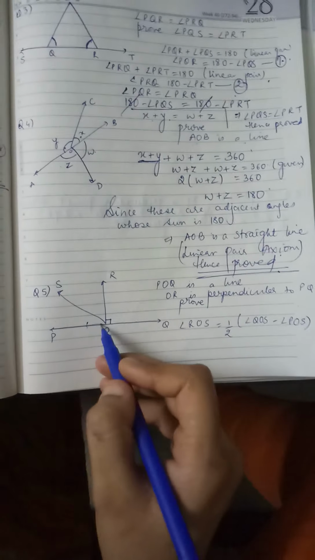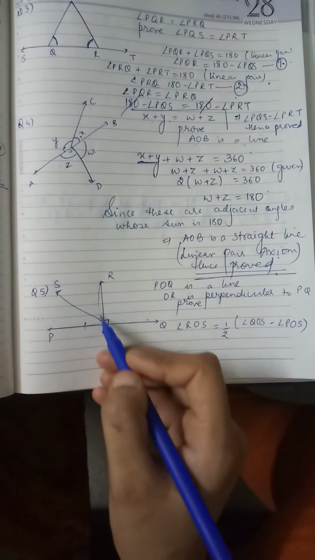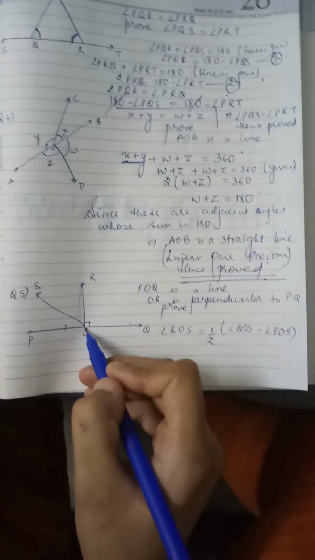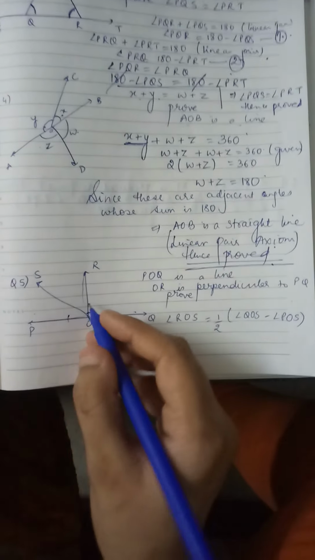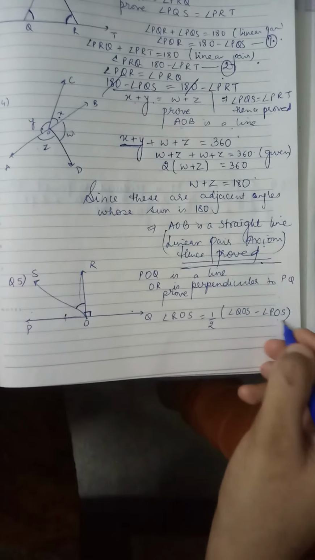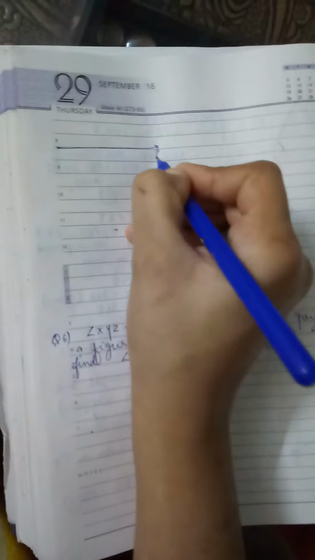Now POQ is a straight line, OR is perpendicular. Perpendicular means this is forming a 90-degree angle on the line. We have to prove ROS is half of QOS minus POS. So I'll again draw the figure for you.